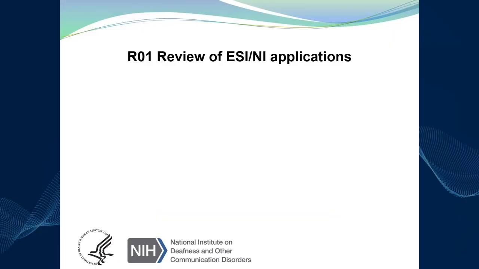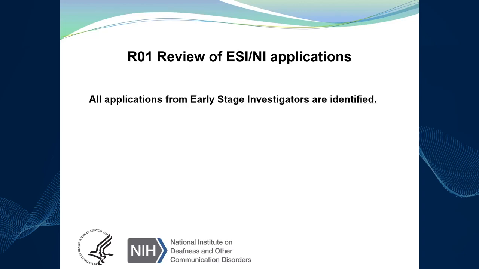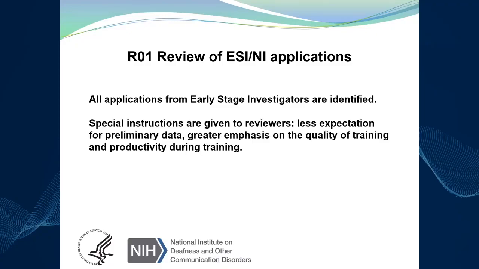So for early stage investigators and new investigators, there are special benefits, and during R01 review, all applications from early stage investigators are identified. There's special instructions given to reviewers. The reviewers are to have less expectation for preliminary data, and reviewers should place a greater emphasis on the quality of training and the applicant's productivity during that training period.